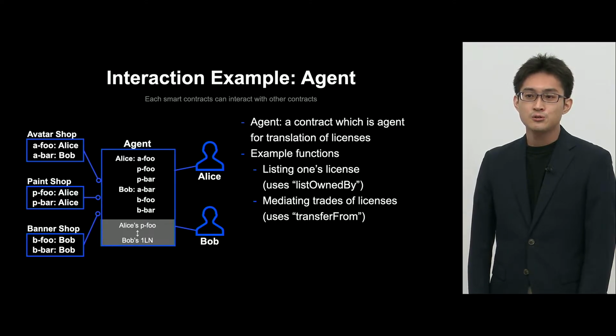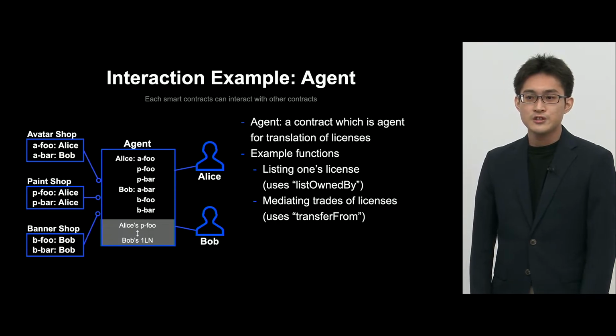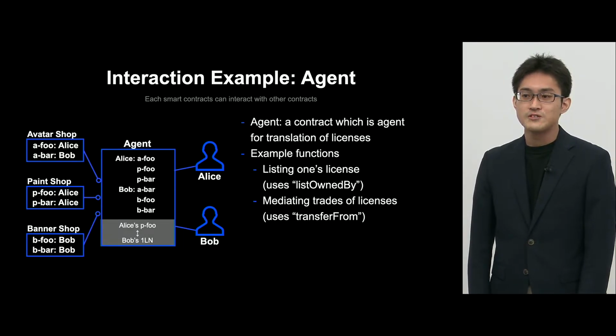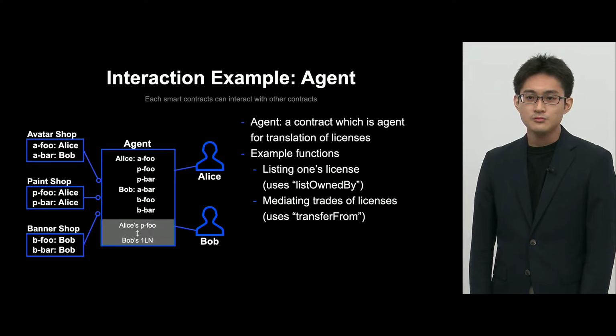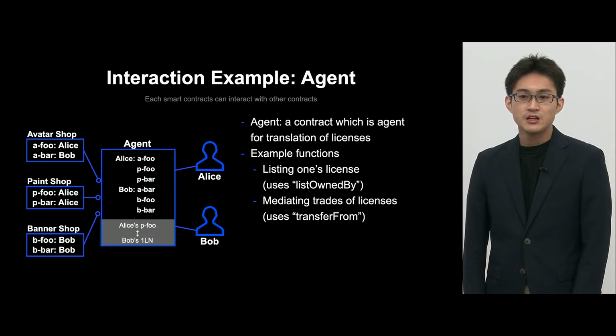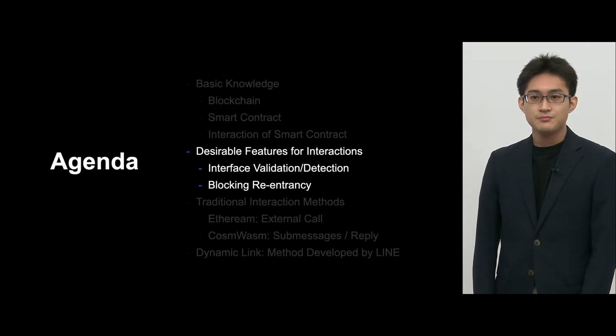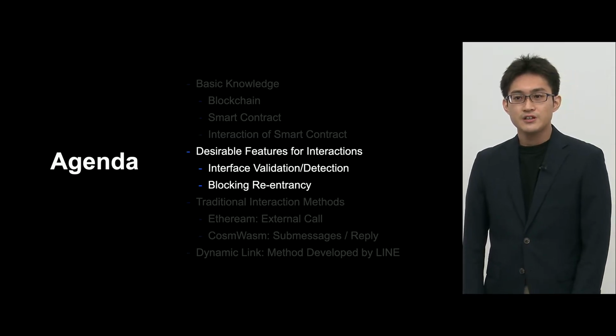At the bottom, there is a function of consignment sales. By calling the transfer from of each shop, you can implement this. In this way, by calling the functions of the shops, you can create a contract, and this makes the chain more convenient. This is made possible with the interaction among the contracts.